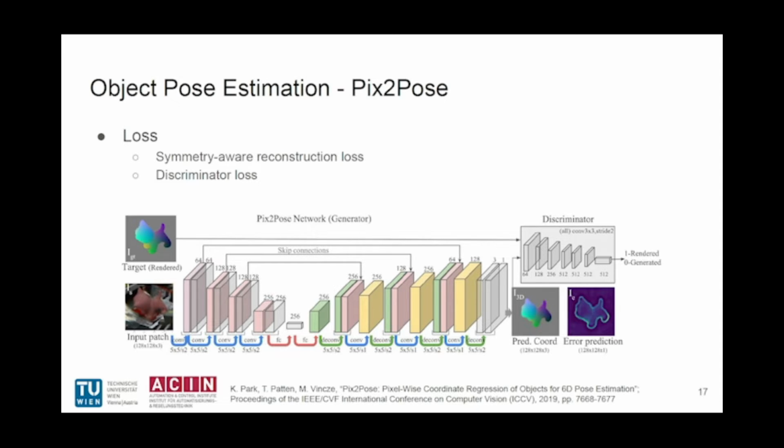This one is the one predicted by the network. So you have simple, or at least straightforward, supervision just by pixel, so that your reconstruction of the correspondences is as accurate as possible, given by the L1 loss.